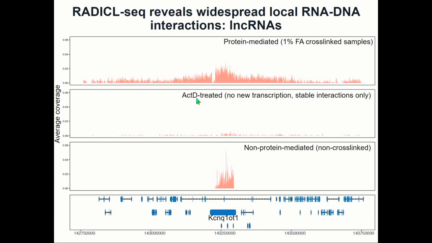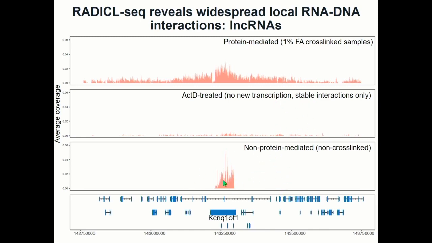In a control where we block RNA polymerase for many hours before we do the experiment, we see that those interactions are somehow stable, so they can be detected, even if not as strong, even after hours and hours of blocking RNA polymerase.